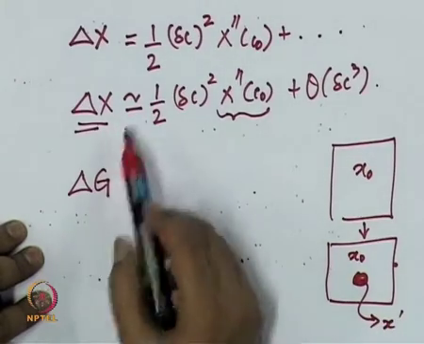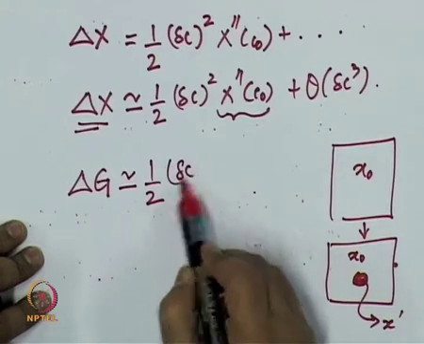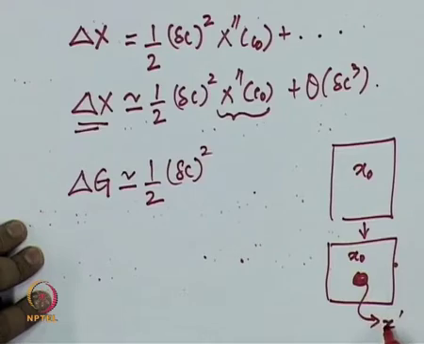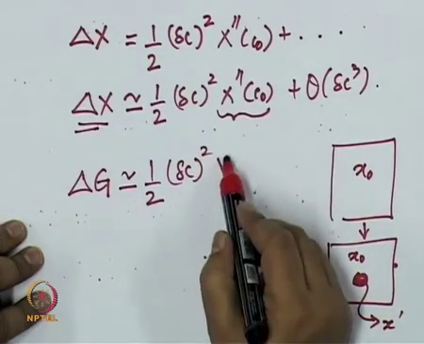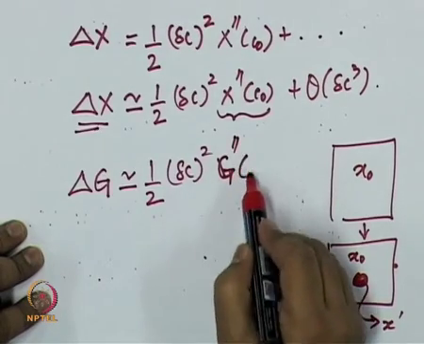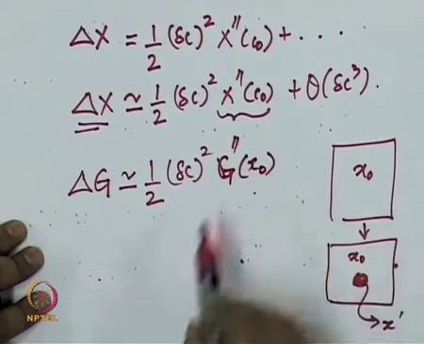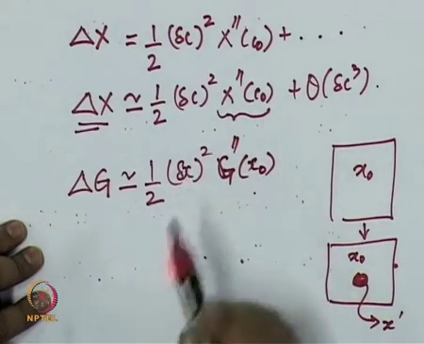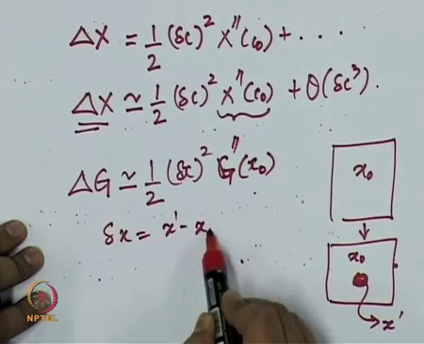If I try to do that, then this is nothing but half del C squared, which is the change x naught minus x prime squared, and x double prime. So in this case it will become G double prime evaluated at the composition x naught. This del C, let me also call it delta x, where delta x is defined as x prime minus x naught.